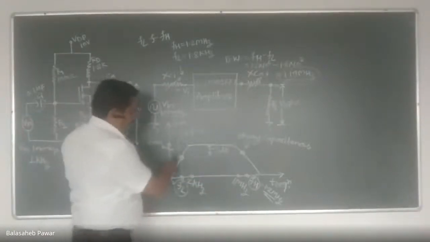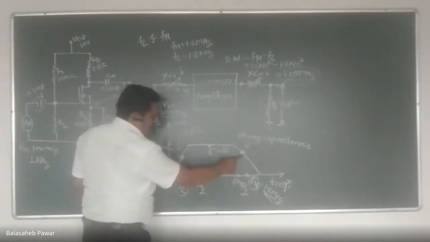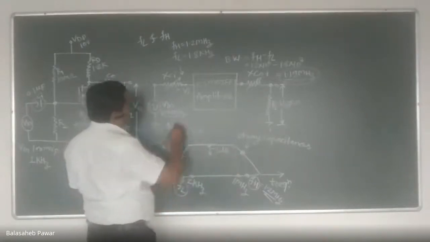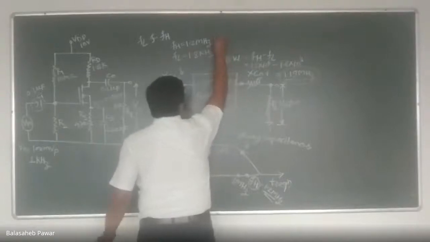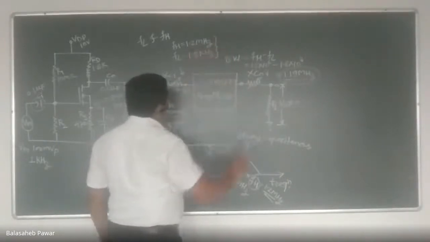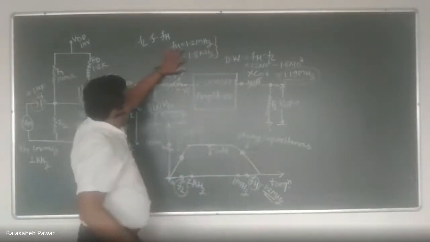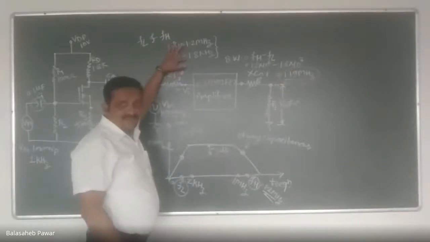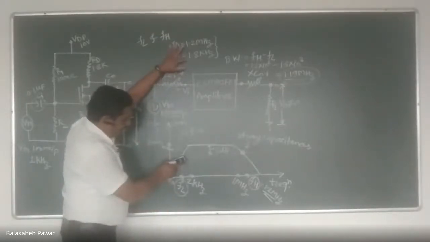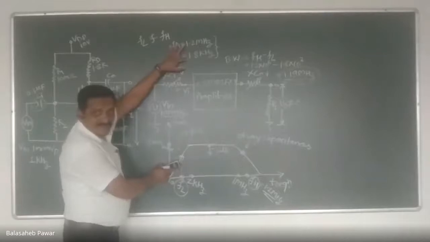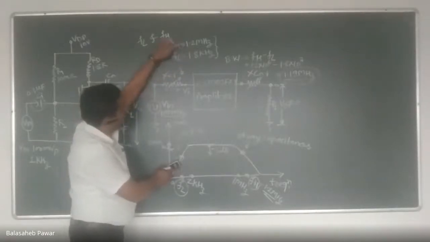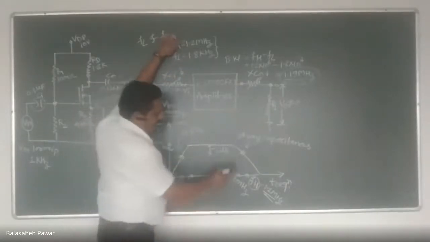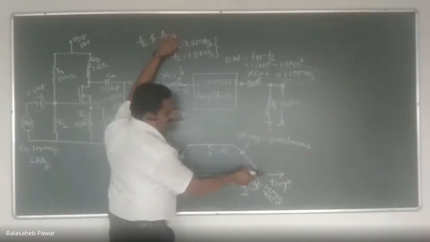So these two values, FL and FH, indicate what? The applied input signal should be between these two frequencies only. If it is less than 1.8 kilohertz, the gain will not be sufficient, correct? Similarly, if it is greater than 1.2 mega, again the gain will get reduced, it will not be sufficient.